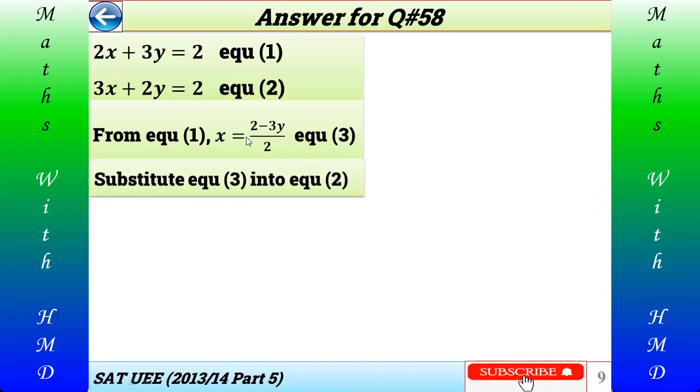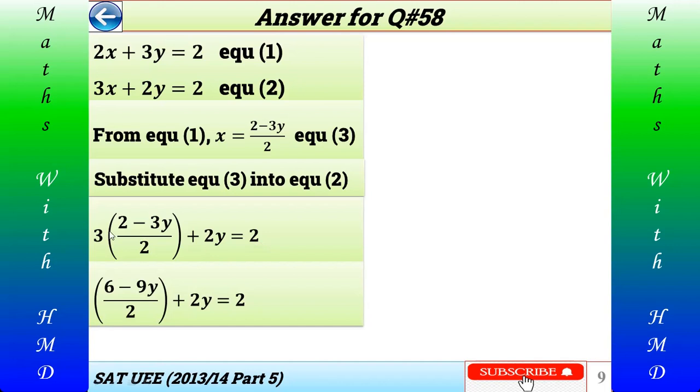Now substitute equation 3, which is x equals 2 minus 3y over 2, into equation 2, which is 3x plus 2y equals 2. That is, you substitute this value in terms of x here. So 3 times (2 minus 3y over 2) plus 2y equals 2. Just multiply this out. 3 times 2 is 6, minus 3 times 3 is 9.